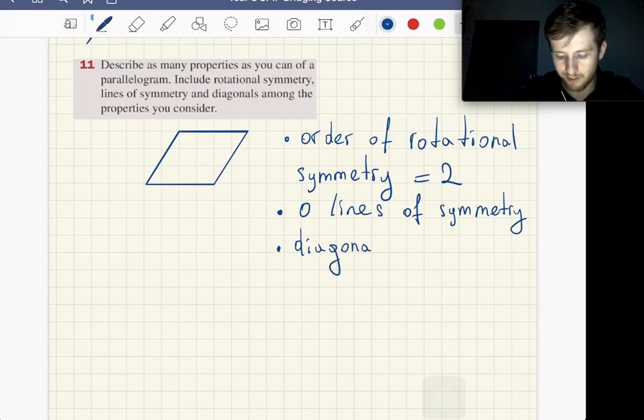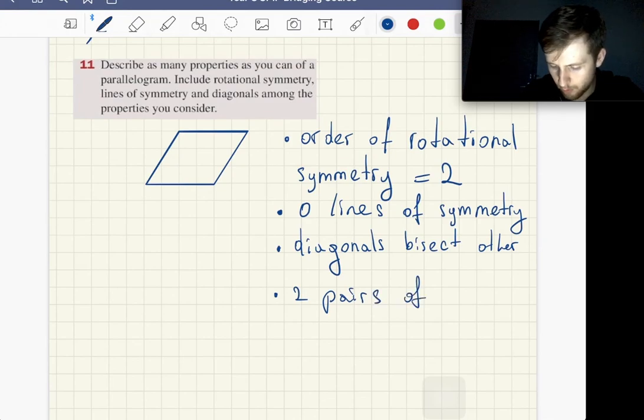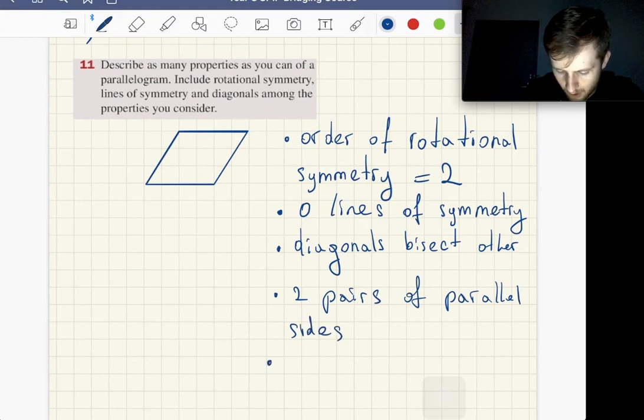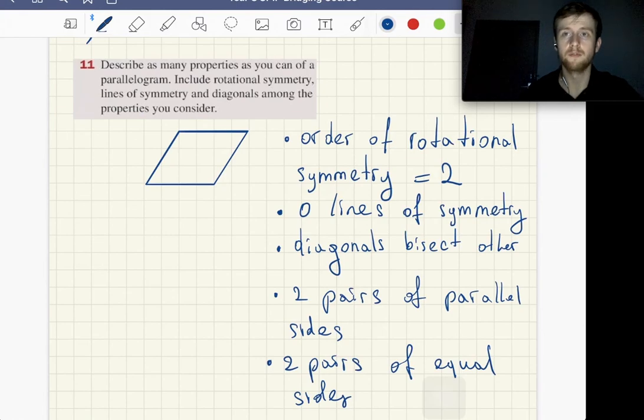Diagonals bisect each other for a parallelogram. In other properties, we can say that there are 2 pairs of parallel sides, and also there are 2 pairs of equal sides as well.